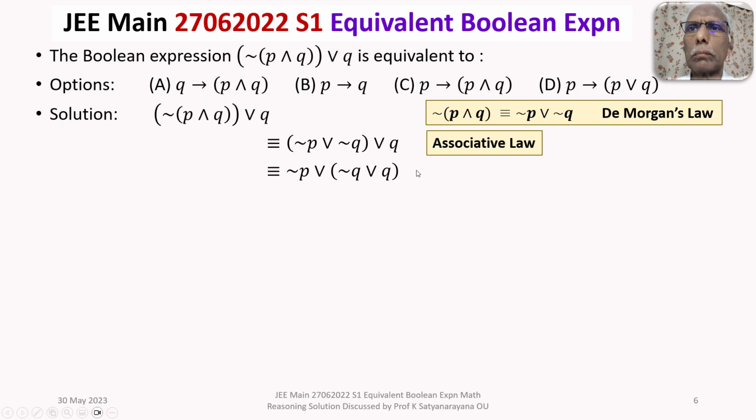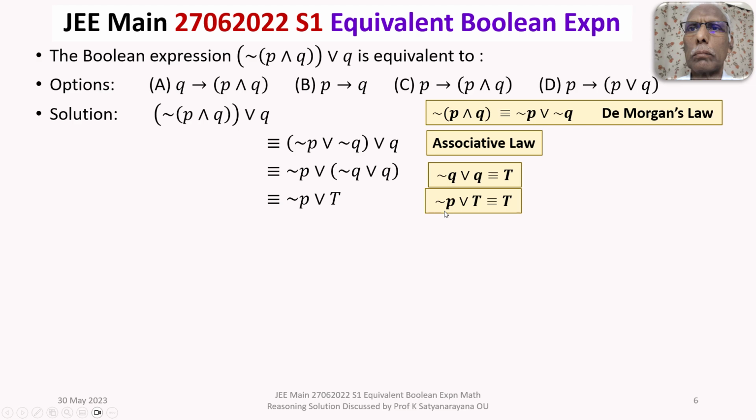And we know for any statement, negation of Q or Q is a tautology, which means it will always give the truth value T for all truth values of Q. So negation of Q or Q is logically equivalent to T. This is logically equivalent to negation of P or T. And it is known to us that for any statement P, P or T will be T only.